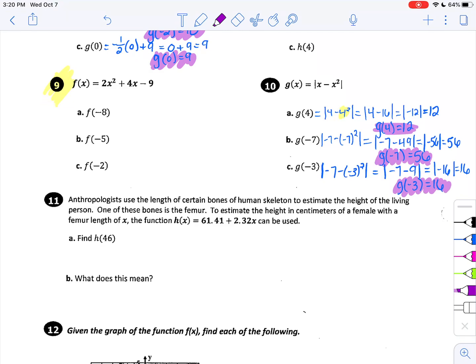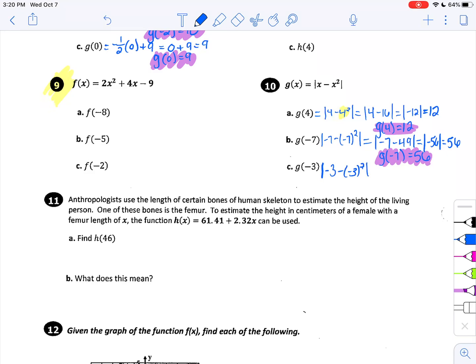Let's take a look at number 11 together. Well, I realized I messed up. Let's go back and look at C. So hopefully you have caught my mistake before I did. I substituted in the wrong number here at the very beginning.